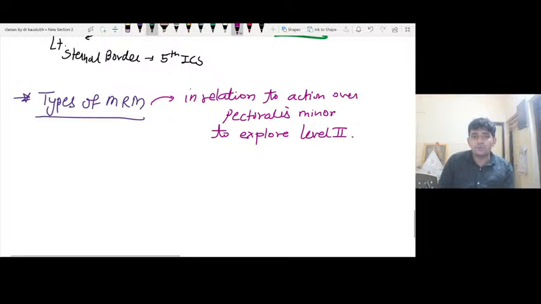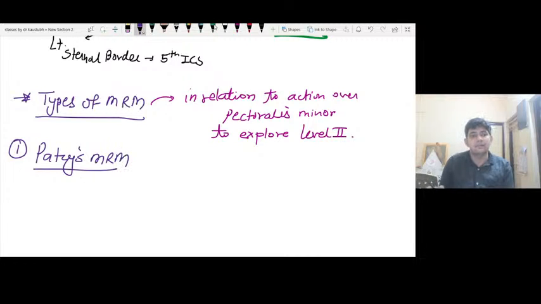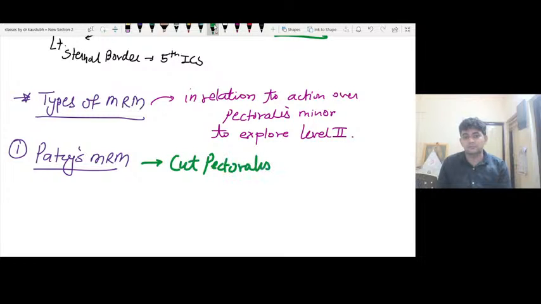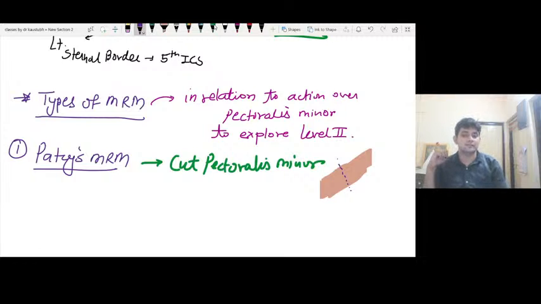The first type of modified radical mastectomy is called Pate's MRM, Pate's modified radical mastectomy, where we are going to cut the pectoralis minor muscle. What does this mean? Imagine this to be the pectoralis minor muscle. What I am going to do is divide, cut this pectoralis minor muscle.